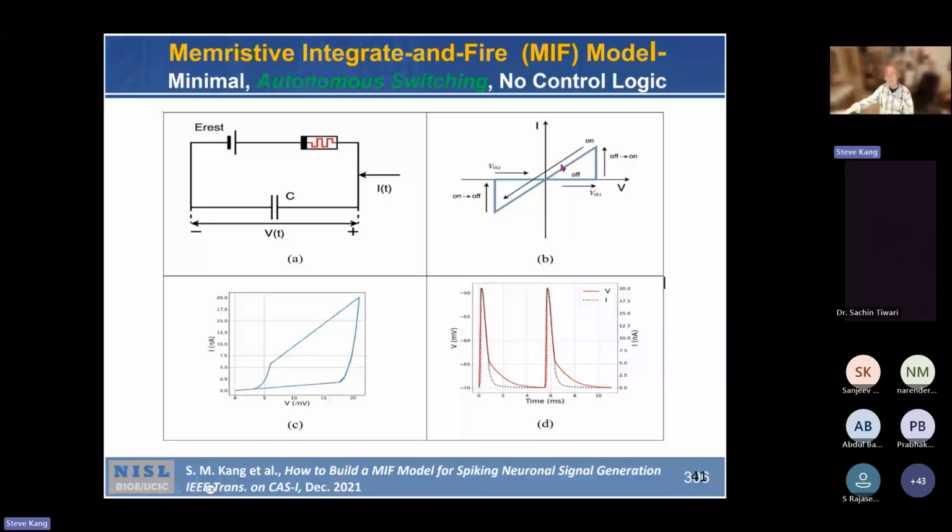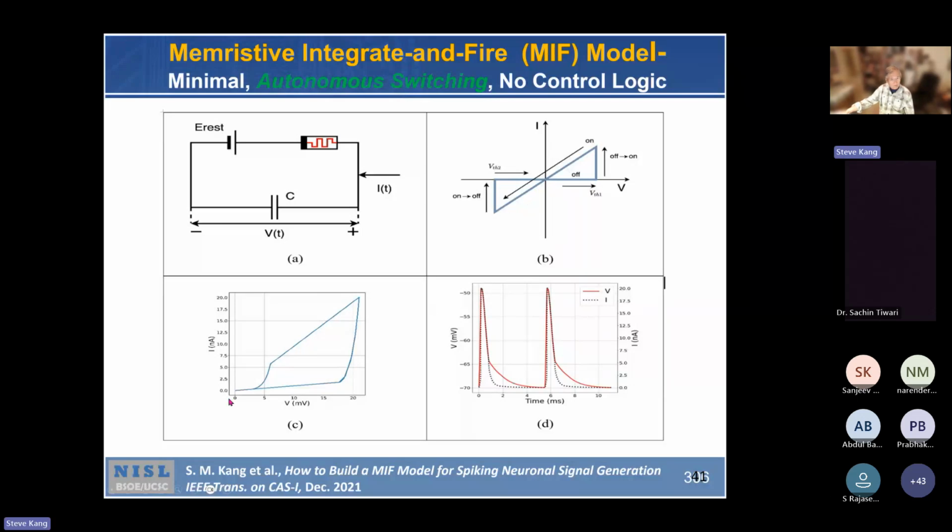So you can have an off state, and then as you increase the voltage, it reaches a threshold and jumps up to on. If you decrease, you stay on, and go all the way to the reset voltage here, another threshold, and it jumps back up, and then as you increase, it repeats like this.